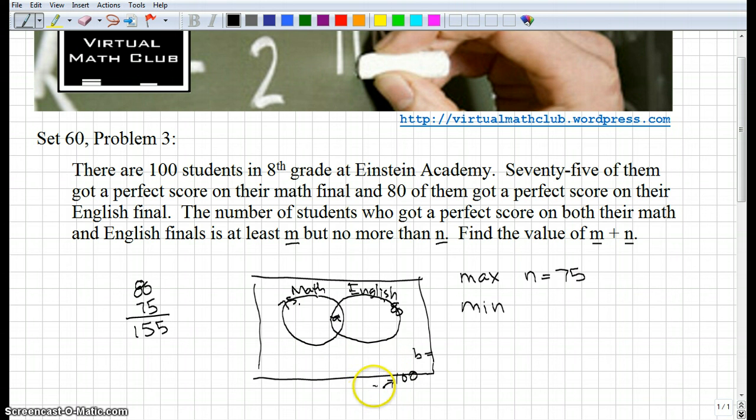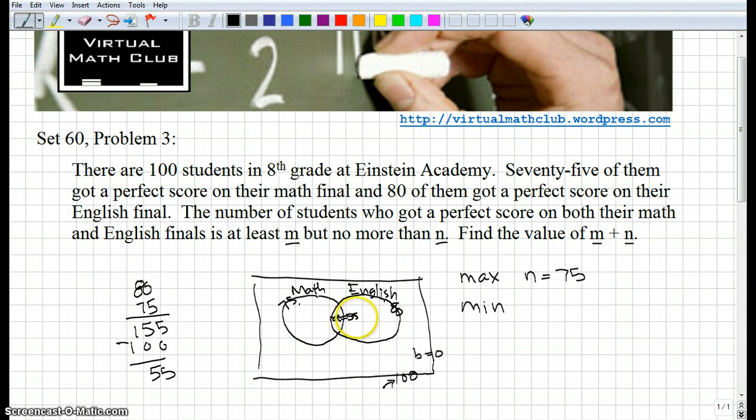So if there's nobody out here, if this is 0, and everybody's in this set here, then if we subtract 100, we've overcounted. When we add the two sets together, we've overcounted by 55. So that means that the intersection has to be 55.